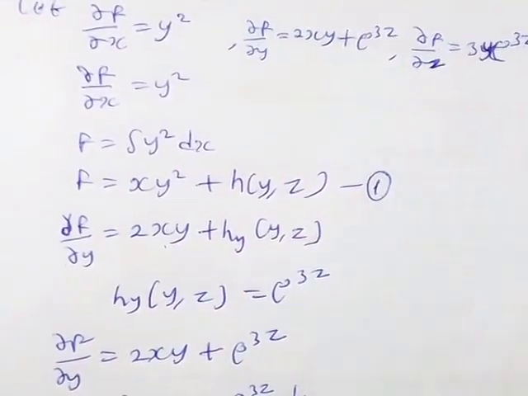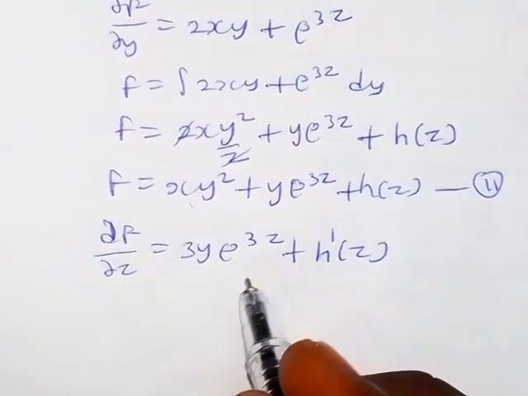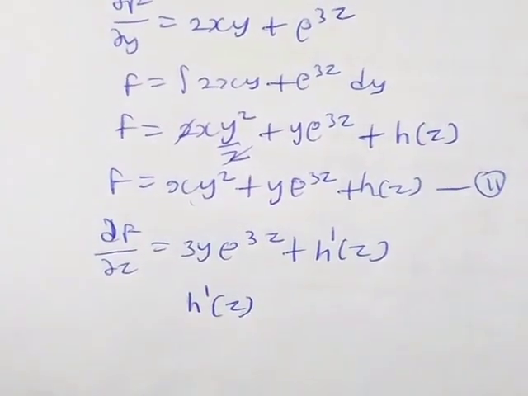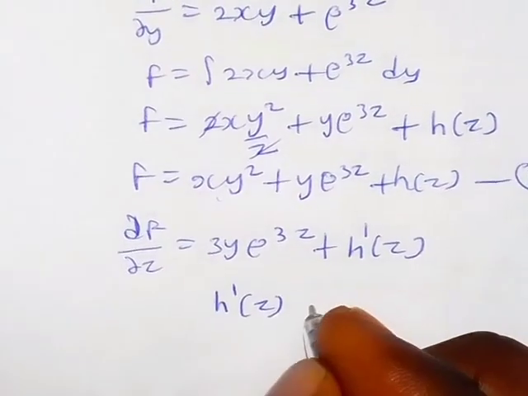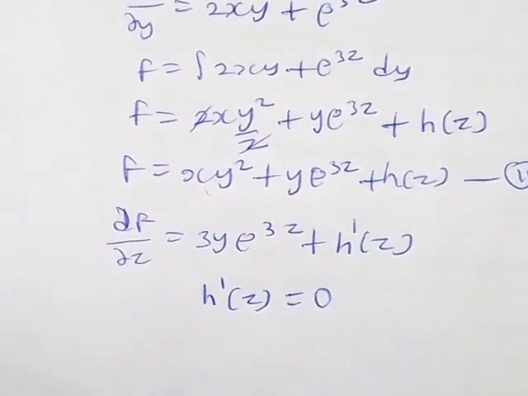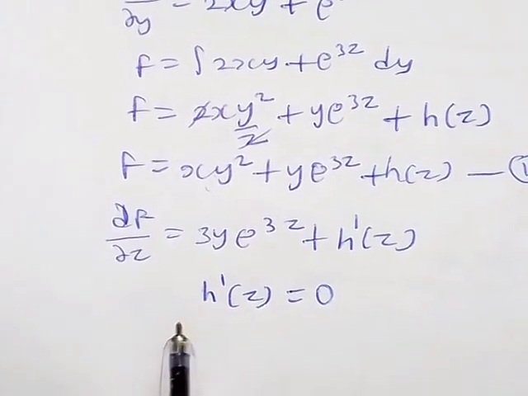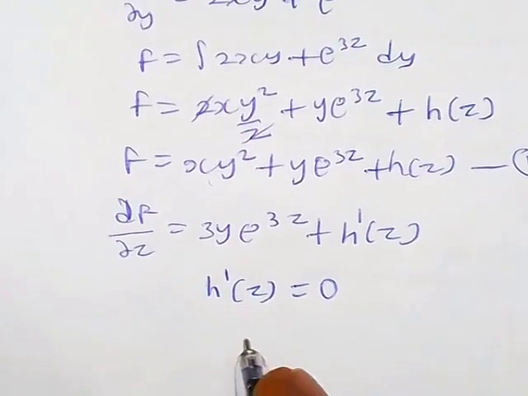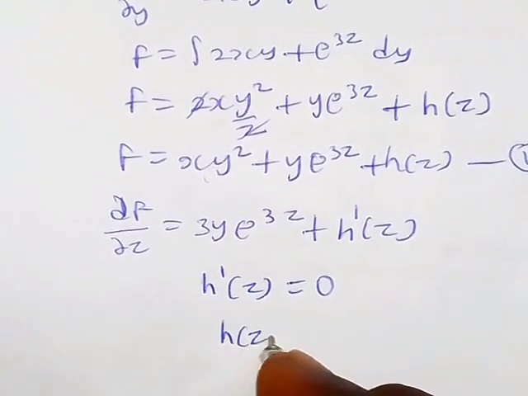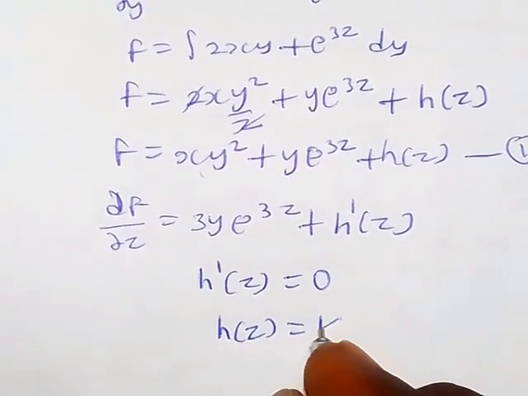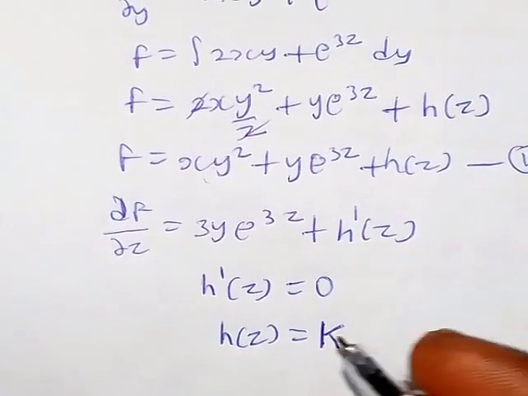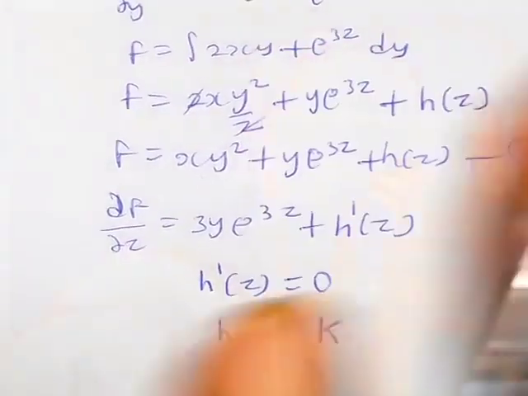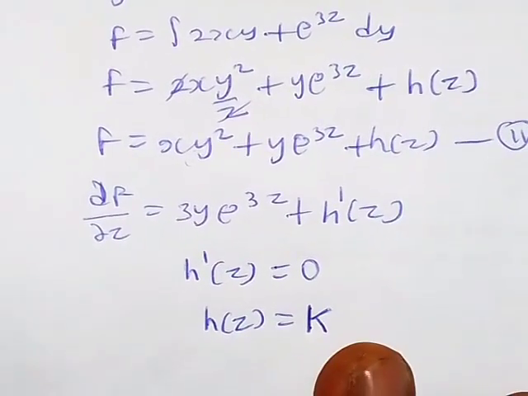So when we equate it, we are going to obtain h prime of z equals 0. So integrate both sides with respect to z. We have h of z equals this constant, which is k. You can write small c, just a constant. So we have h of z equal to this.